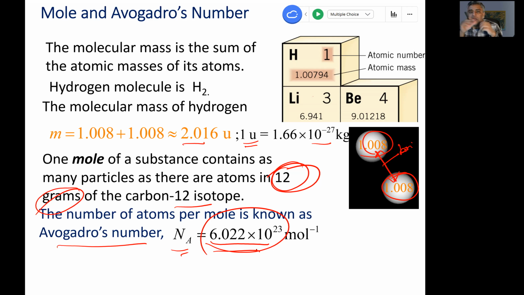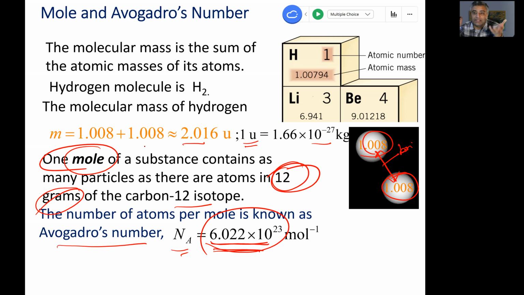But if you have something like copper or iron that exists in the form of atoms rather than molecules, you count that many atoms, and whatever mass you get is going to be 1 mole.